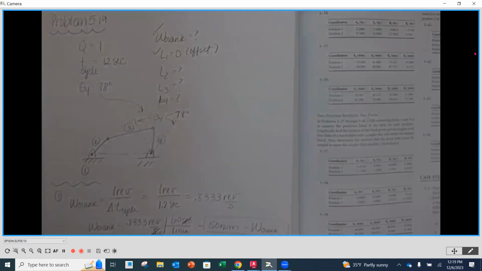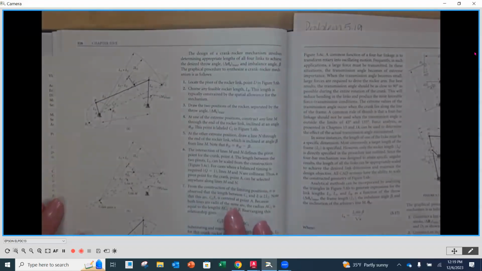As we look at the equations in the book that are available to us for this section, this discussion of design of the crank rocker mechanism starts on the bottom of page 115, and then it continues and gives us the process on page 116. So this kind of walks you through. I'm not going to read each one of these steps, but we're going to informally go through this entire process.